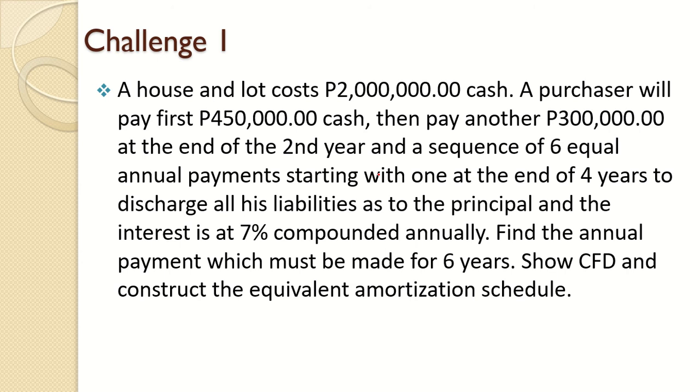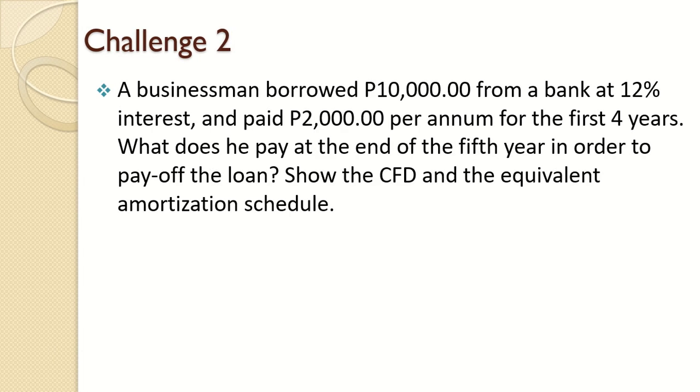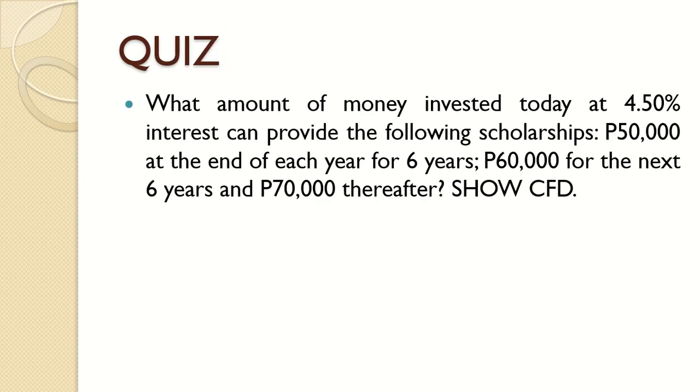The challenges and the quiz are a combination of the different annuities, so you have to research to be able to answer them. Then you have challenge 2 and the quiz. You will not have a timed quiz. For the final, make sure you know the answers for this topic, annuity. That would be all, thank you, and see you in the next discussion.